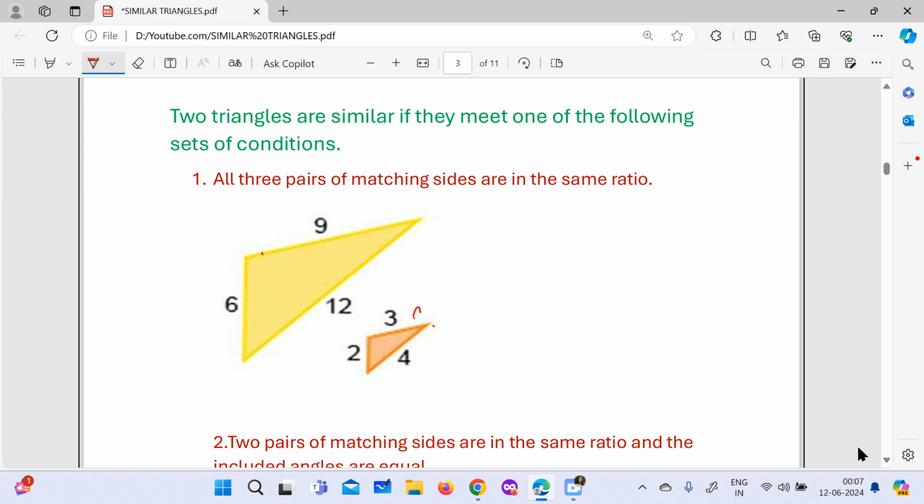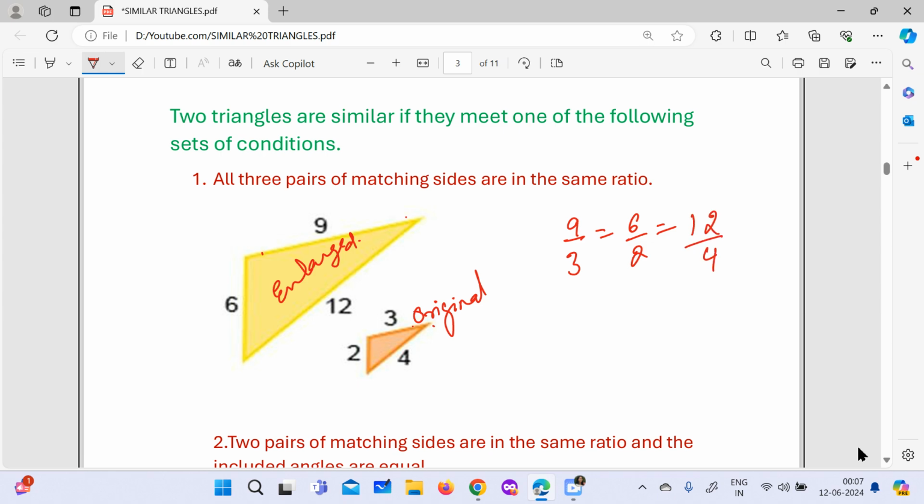So I will take this one as the original one, and I will mark this one as the enlarged triangle, and I will write the ratio like this. So this side corresponds to this side. So I will write 9 over 3, which has to be equal to 6 over 2, which should be equal to 12 over 4.